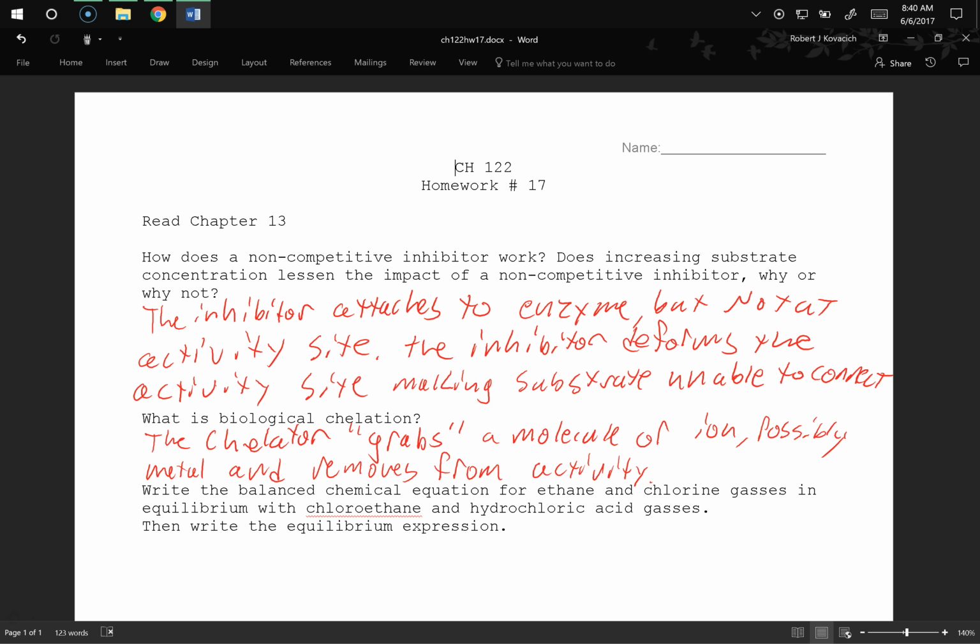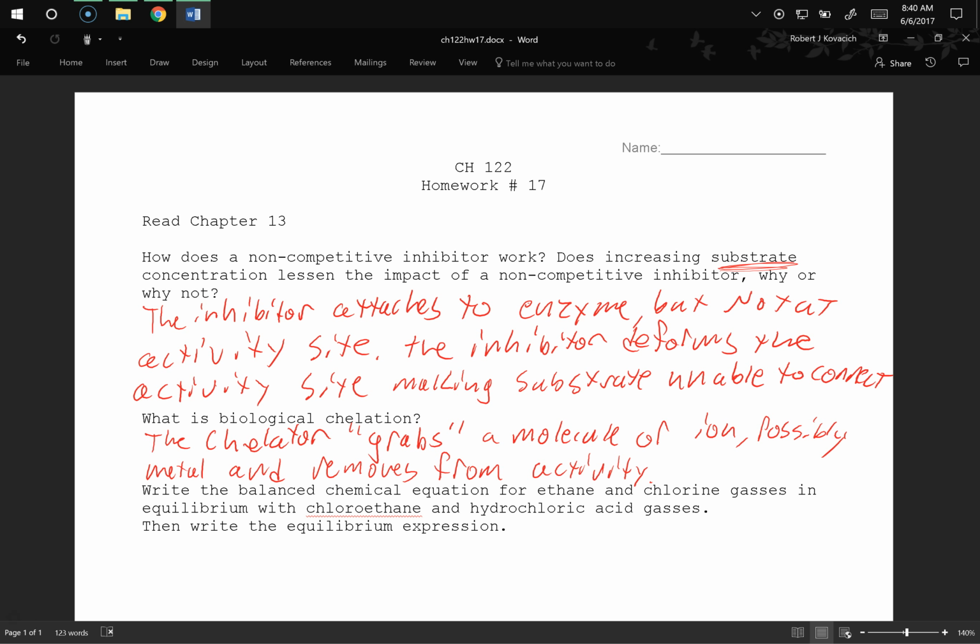So the problem with non-competitive inhibitors, which we didn't actually talk about, is the substrate concentration. It doesn't matter because it can't make a connection anyway, so I don't care how much of it you've got around. So what you need to do is use something that will remove the non-competitive inhibitor, and that's what a chelator is.